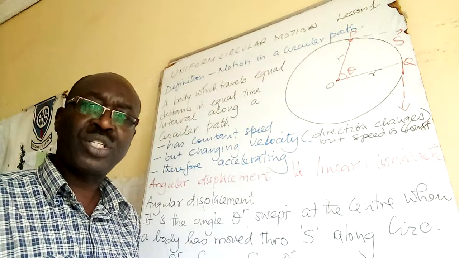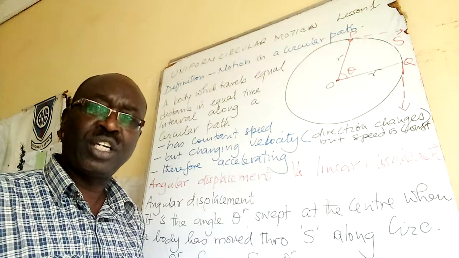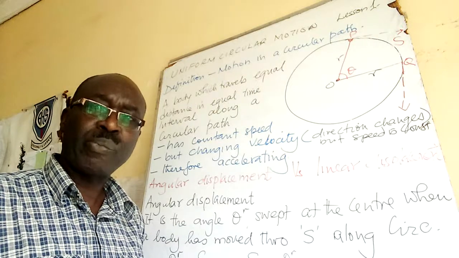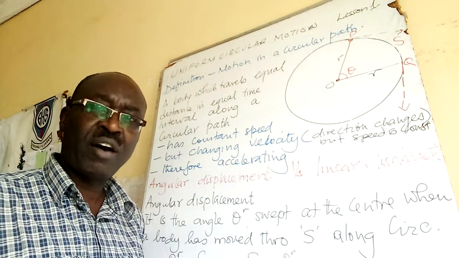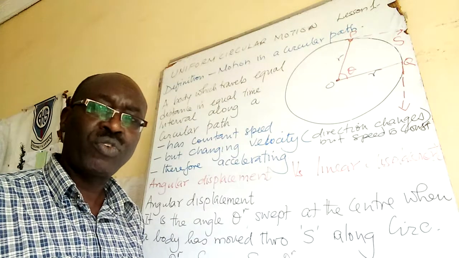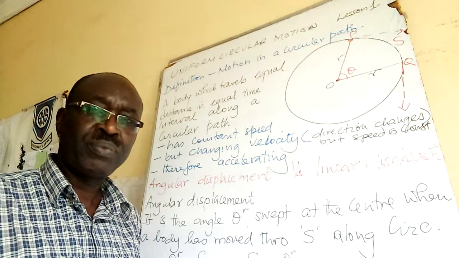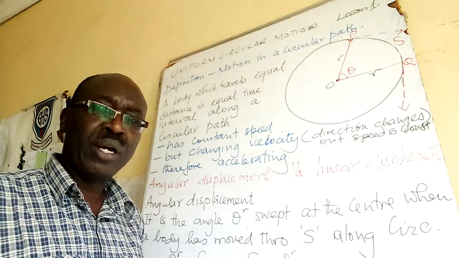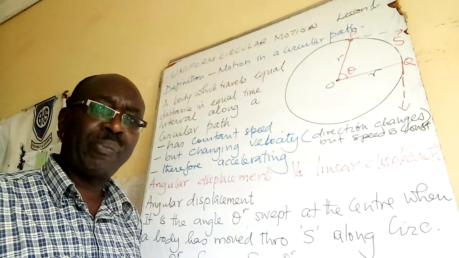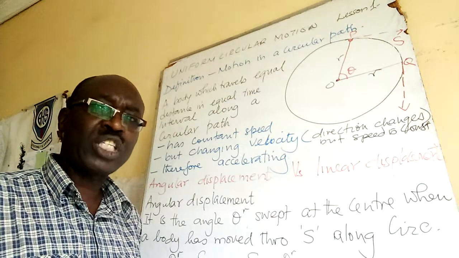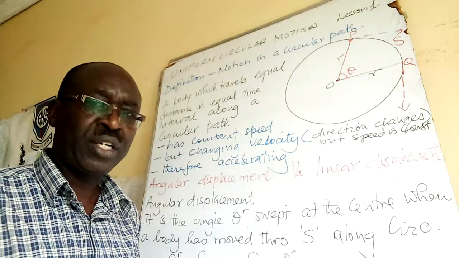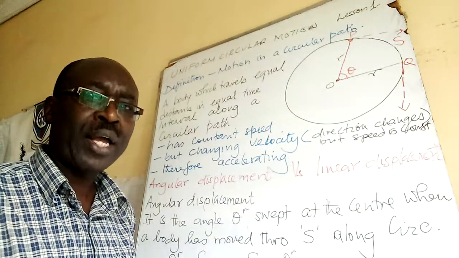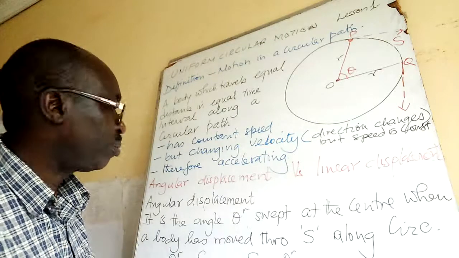In our case, the size is constant, but direction is changing, and therefore we talk of acceleration. A body moving in a circular path with constant speed is said to accelerate. Why? You should be able to answer.